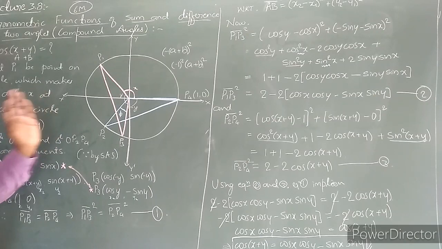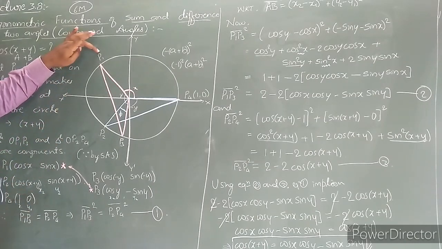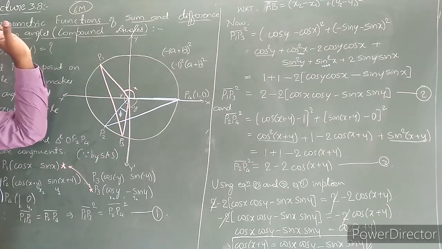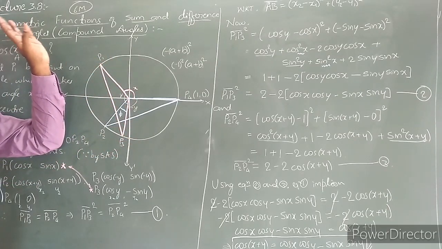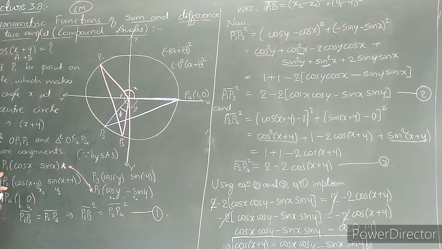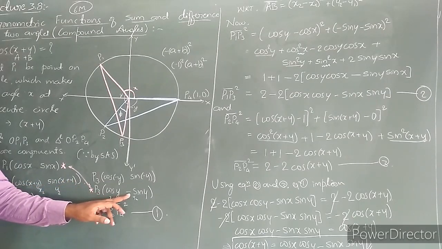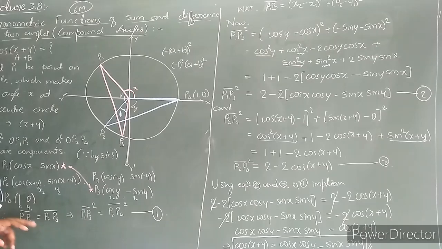Apart from that, we get the coordinates of P1, P2 and P3 with the help of the definition of the trigonometric ratios. P1 coordinate is cos x comma sin x. P2 coordinate is cos of x plus y comma sin of x plus y. P3 coordinate is cos y comma minus sin y. Next, P4 is 1 comma 0.